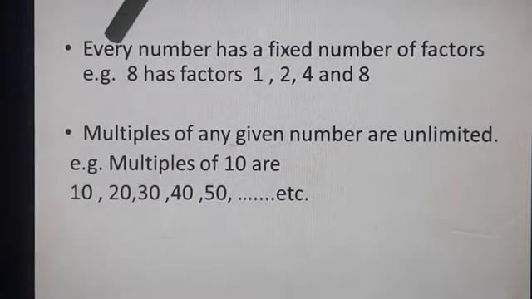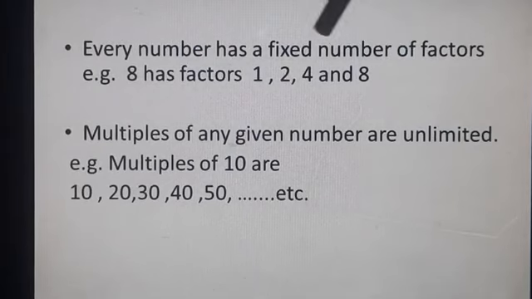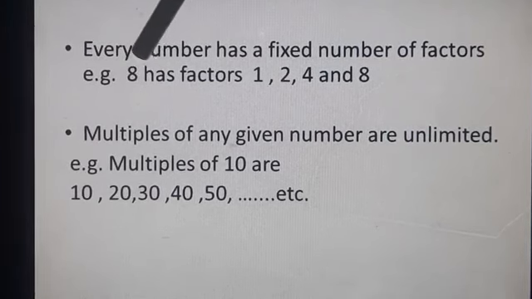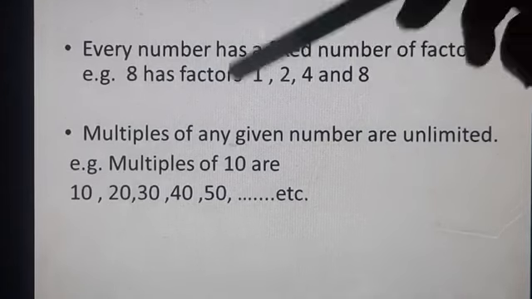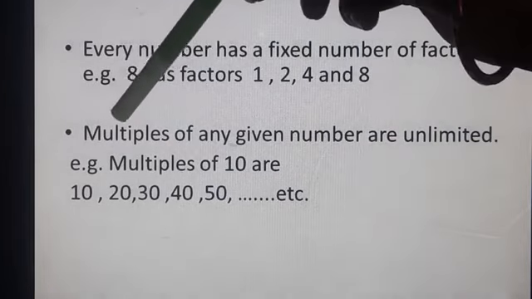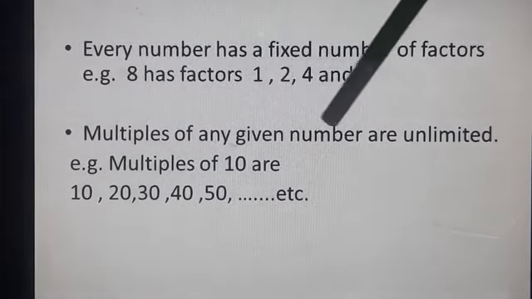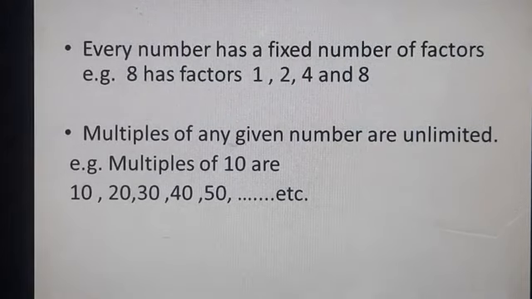Next point is every number has a fixed number of factors, a limited number of factors. For example, 8 has the factors 1, 2, 4 and 8. So these are fixed, we can count. Multiples of any given number are unlimited.